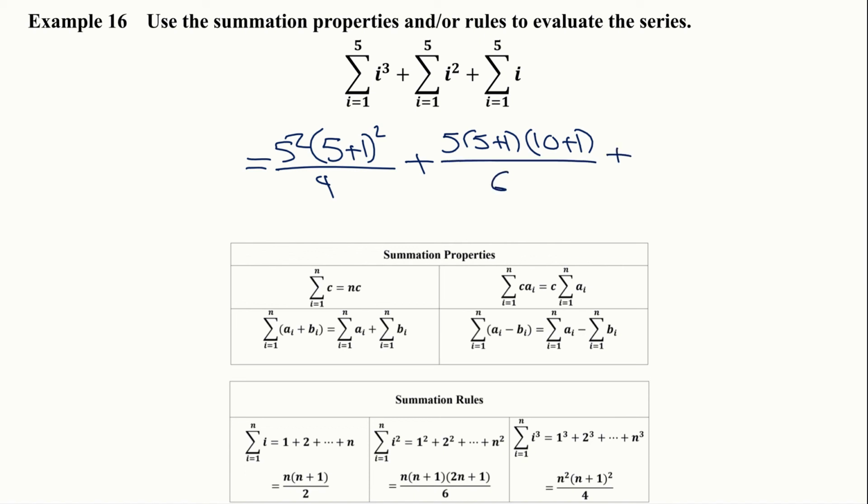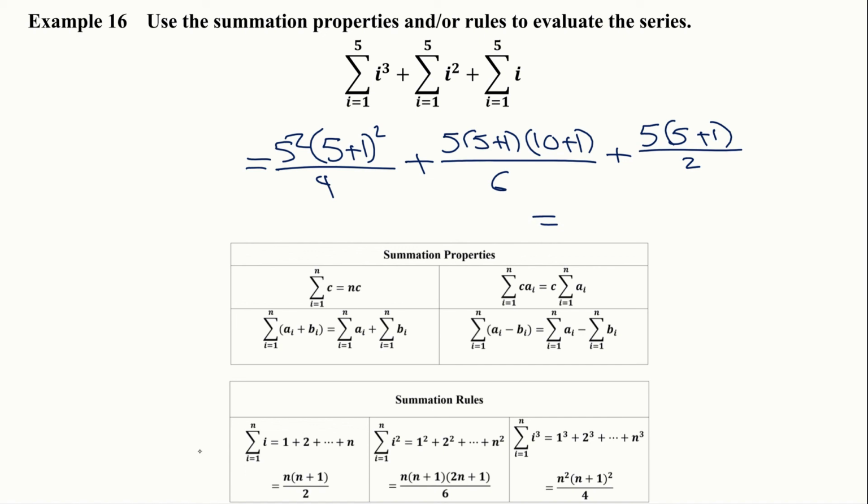Plus, now we're doing the i rule. So 5 times 5 plus 1 over 2. Now, the simpler we make it, the easier it'll be to plug into the calculator. So I always like to do that.